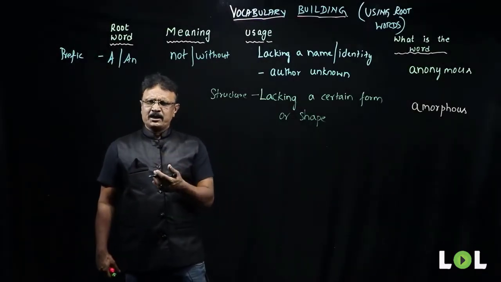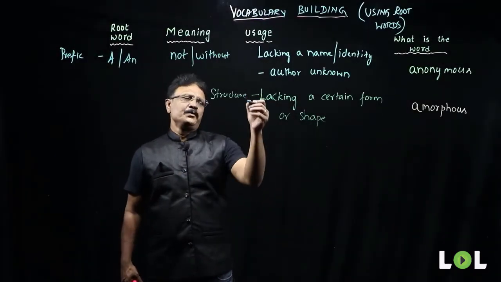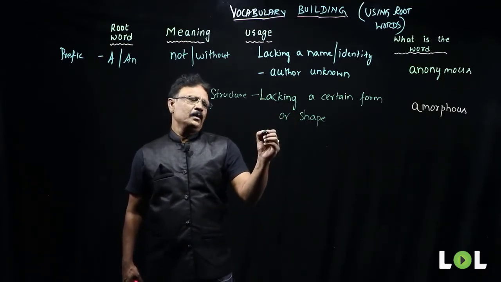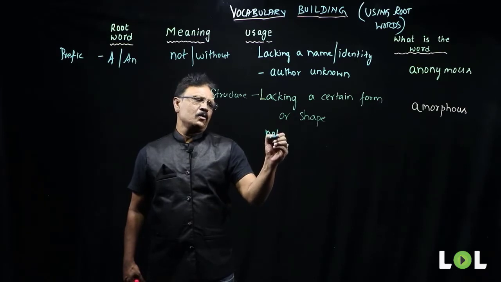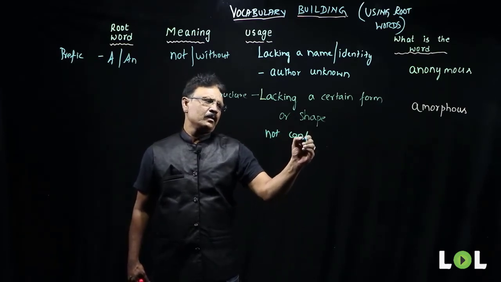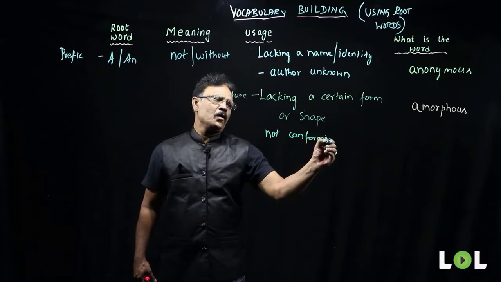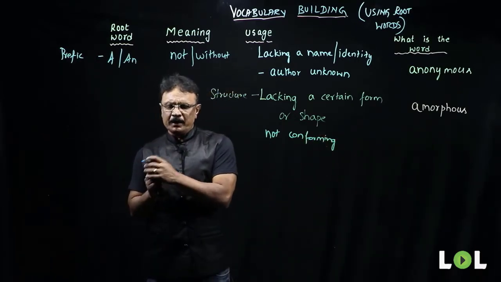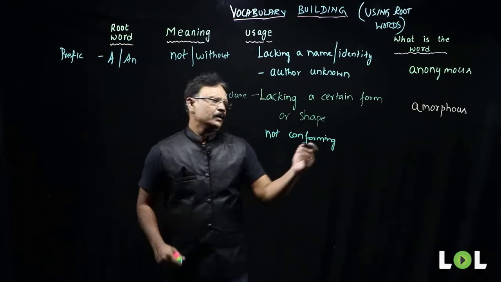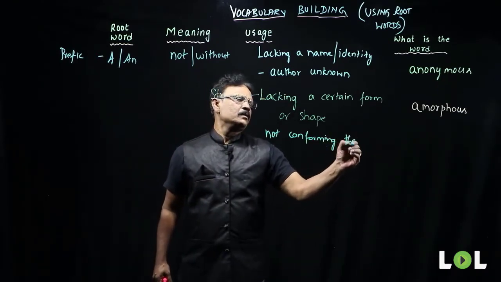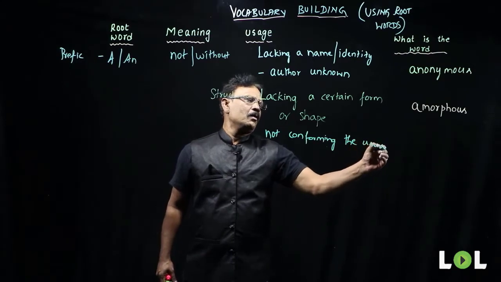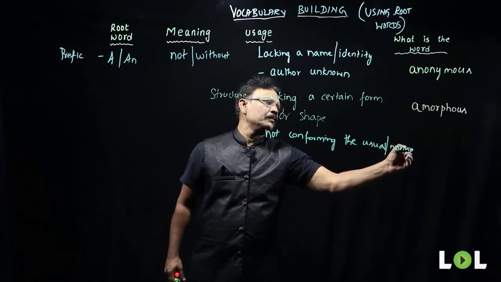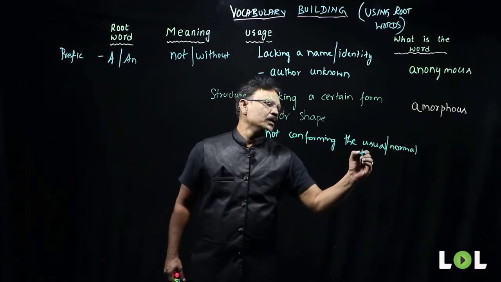Right, let's move on to the next word, and I'll give you the usage. You find out the word as usual. That's the interaction that I'm looking for. Not conforming. Conforming means adhering. Not actually following the usual or normal type.